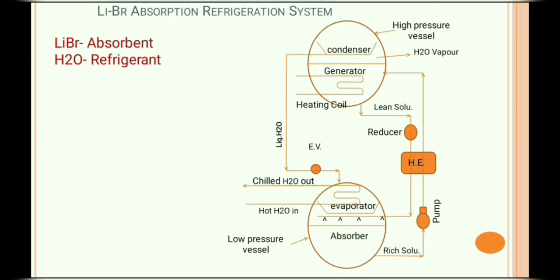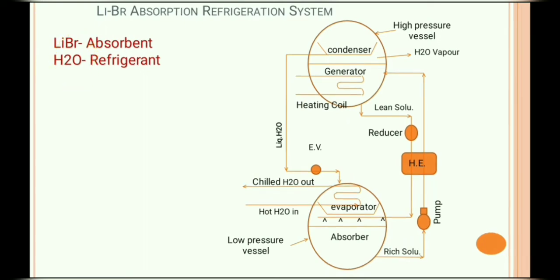Similarly, the cold rich solution which goes to the generator absorbs the heat from the hot fluid, and due to absorption of that heat, the rich solution temperature increases, and therefore we have to provide less amount of heat to the generator for the separation of LiBr and H2O from the rich solution.